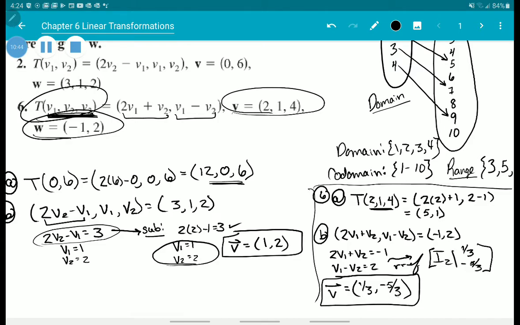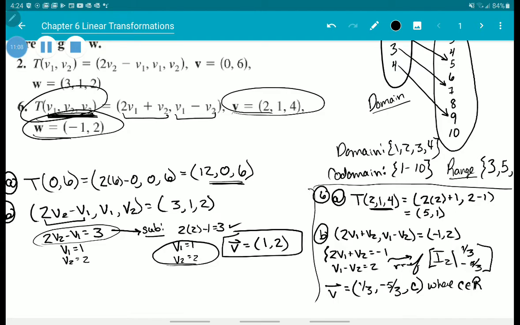But we only ended up with something in R2, v1 and v2. So what does that tell us about that third component? Well, that tells us that third component could be anything. I'll write c here. Or c can be any number.